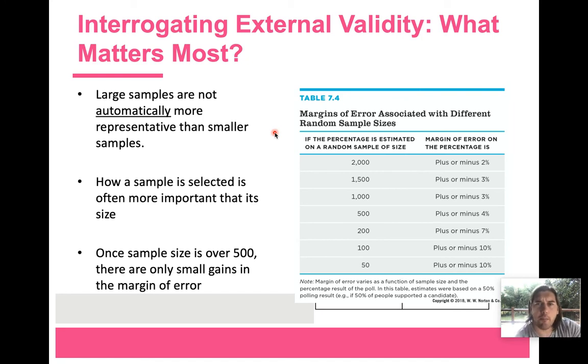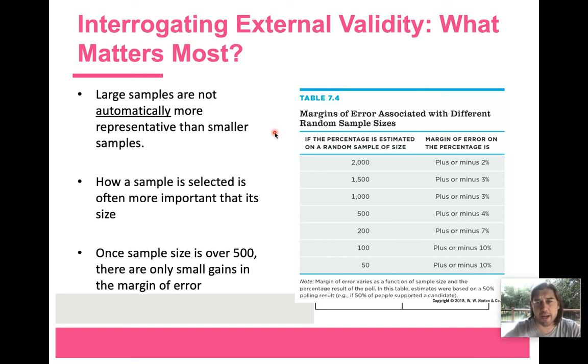But there is a point at which we see diminishing returns for those larger samples. So it's not necessarily the case that larger samples are more representative than smaller samples. You would rather have a well sampled, slightly smaller, unbiased sample than a terribly biased large sample, right?